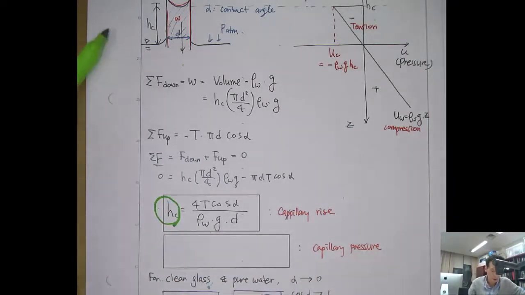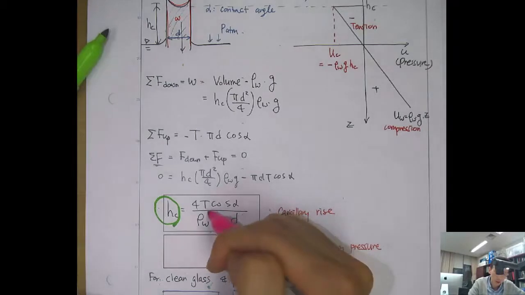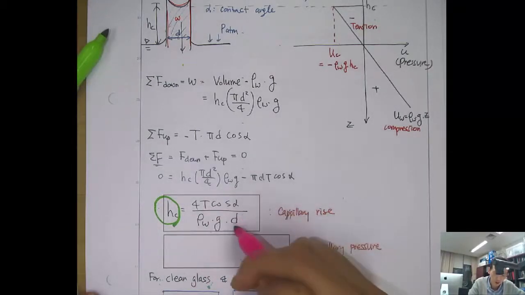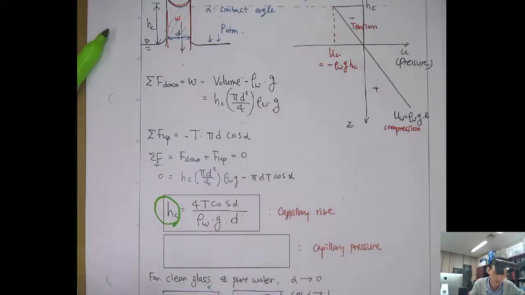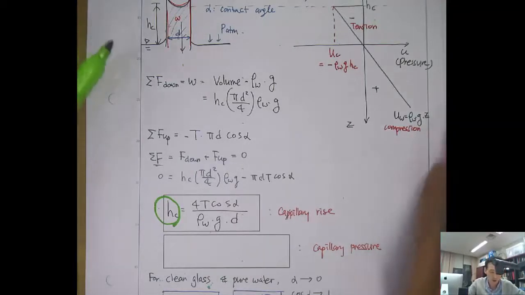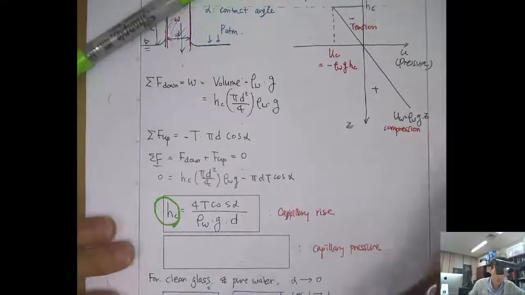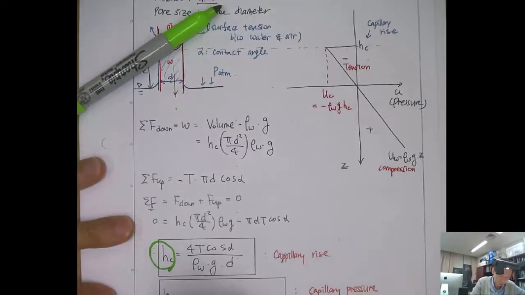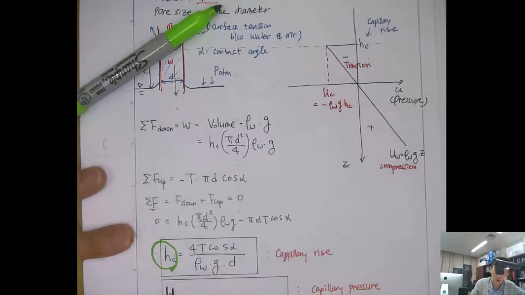So this means that if you know the surface tension T between air and water, and if you know the contact angle alpha and the pore size, then you can compute how much the water will rise, how high it will rise. And also you can compute the h or the uc, which is the capillary pressure, by using this capillary rise.